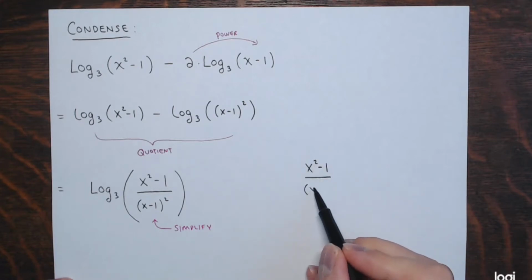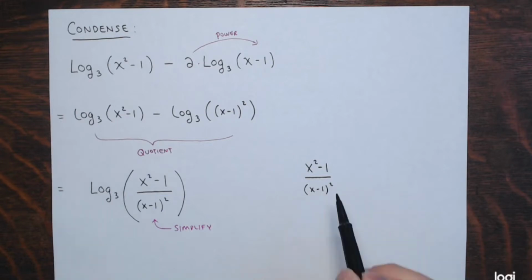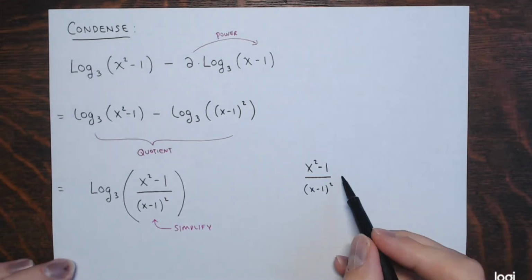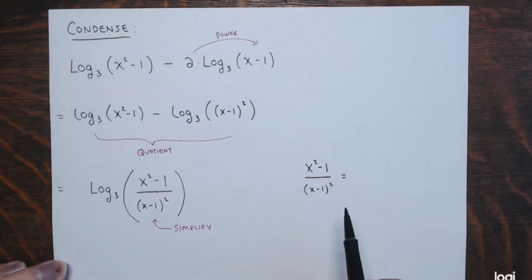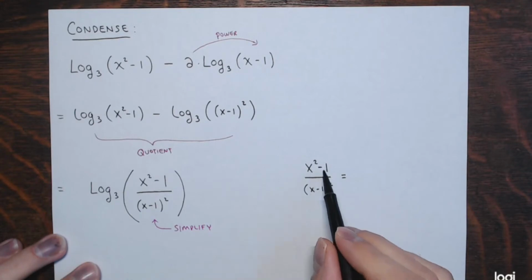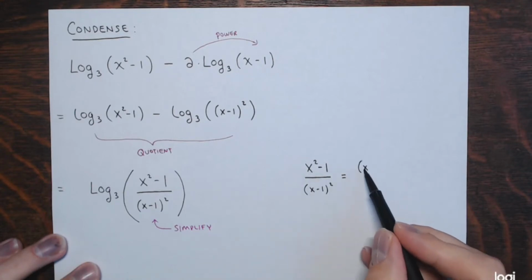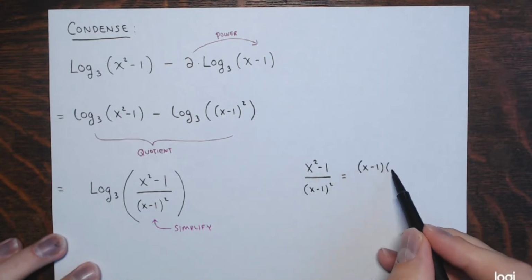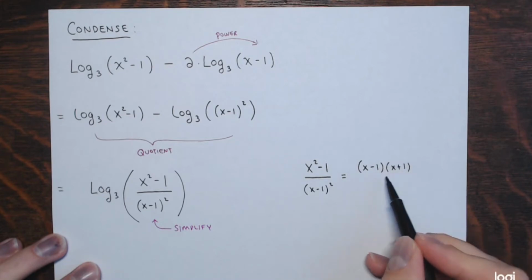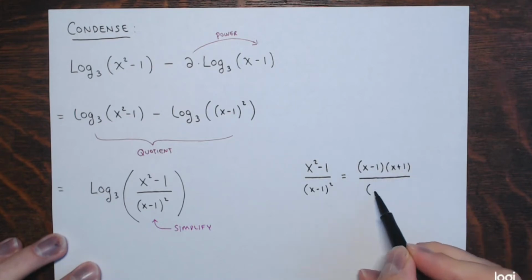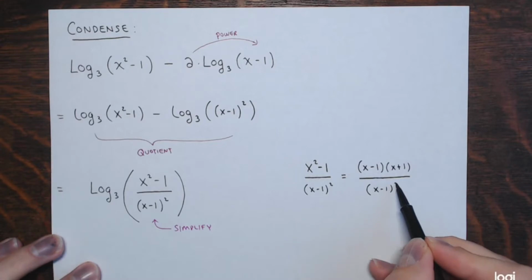And then the denominator is already factored. Remember how to simplify a fraction of polynomials, right? You factor the numerator and factor the denominator and cancel any common factors that they might have. X squared minus 1 is a difference of squares. That factors to x minus 1 times x plus 1. And the denominator is still x minus 1 squared.